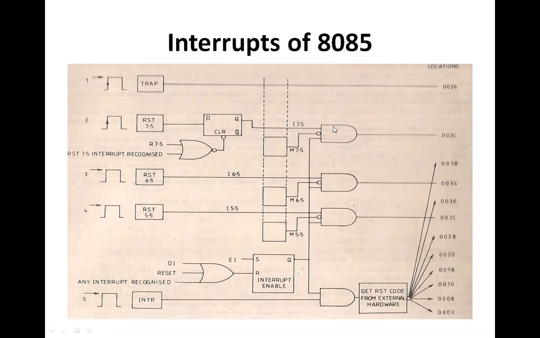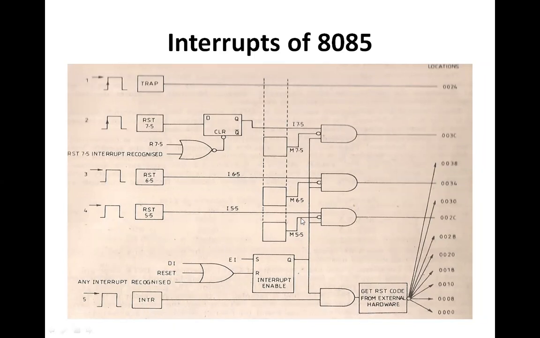And similarly in the other cases. So this is the total illustration of how the vectored interrupts work. All these are vectored interrupts because the locations are vectored. That is why it is called a vectored interrupt. Every location is different, but it will activate when and only when EI is high. If we want to activate this, the INTR line should be high.